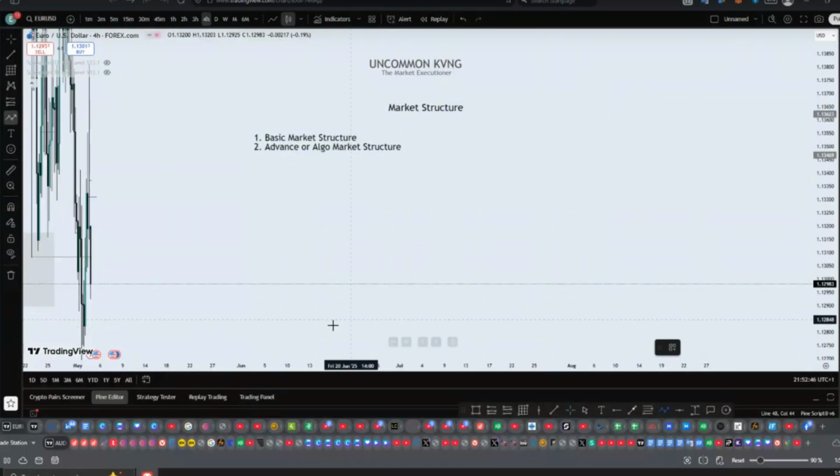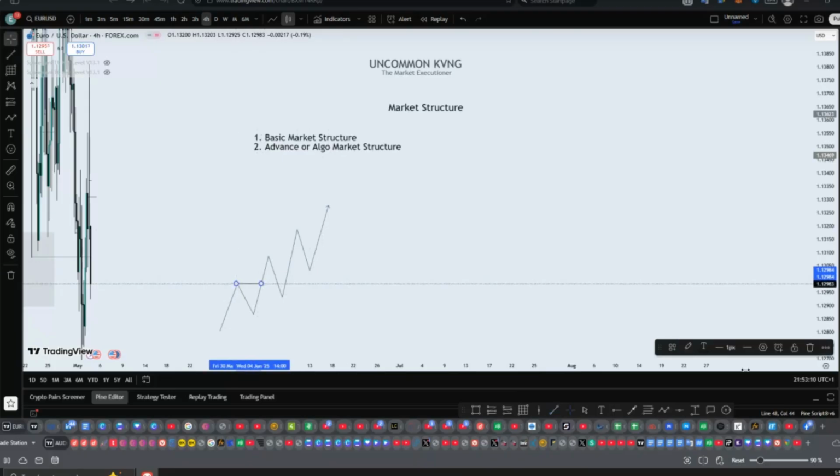The ones we were taught, because I was also taught that before, are higher high, higher low, higher high, higher low. In this bullish market structure, we're expecting the lows to be strong and the highs to be weak. The weak highs give us a break of structure, BOS.